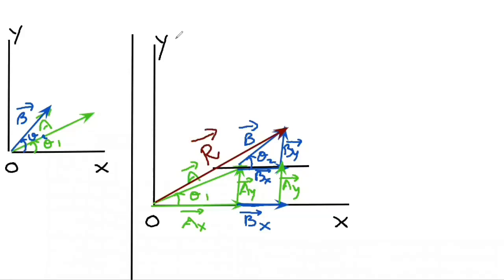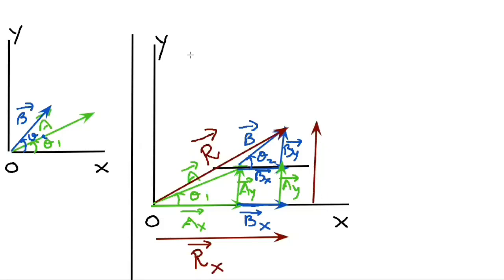This is vector R. Just like vector A and vector B have x and y components, so vector R also possesses x component in the x direction, written as x component of vector R. Similarly, we will draw y component of vector R, right from the tail of vector AY to the head of vector BY.